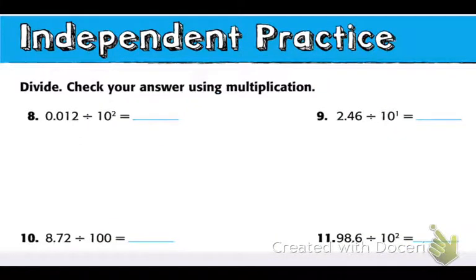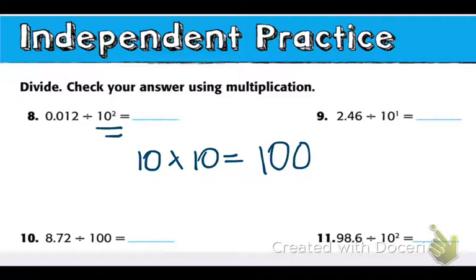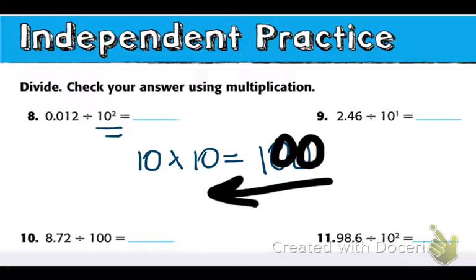All right, we're still in independent practice. We're going to divide. We're going to use that power of 10 to try to solve quickly and in our mind. What is the power of 10? Well, I know 10 to the 2nd power is 10 times 10, which is 100. 100 is my power of 10. I'm going to make that number 100 times smaller by moving the decimal 2 places to the left.